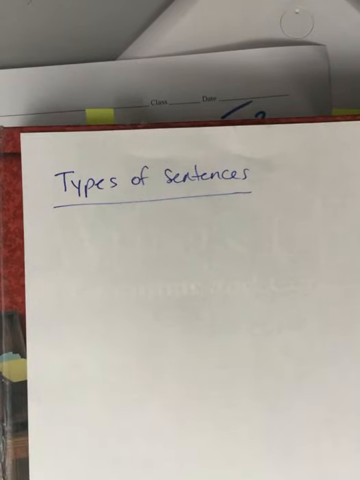Why do we need to know what the different types of sentences are? And when I say types, I mean simple, compound, complex, and compound complex. There's only one reason this English teacher believes you need to know that. Because the type of sentence determines what? How many verbs and subjects? Yes.